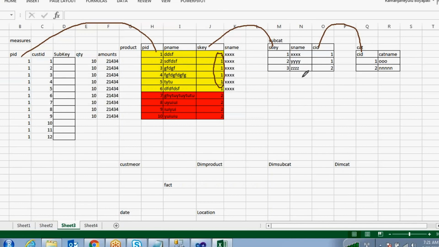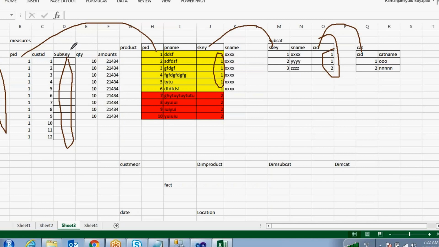If you have 10 products, 10 subcategory keys is enough. If you have two categories and four subcategories, only four category IDs are enough. Why maintain category key and subcategory key in the fact table 1 crore times? If you are making a snowflake relationship instead of a star schema, then the product table, subcategory table and category table all maintain a direct relationship with the fact table.